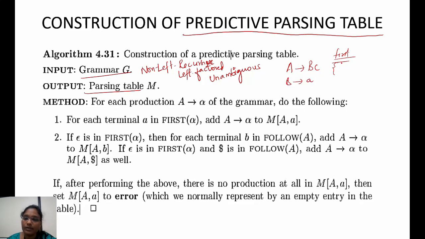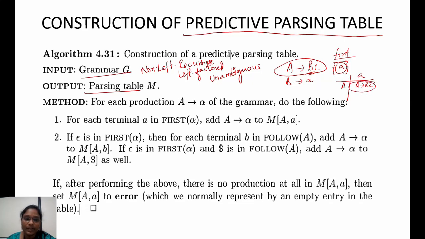For example, we have a production like this, and first of alpha gives us the terminal a. So in the table entry, on terminal a, this particular production has to be written. Thus, for all the terminals present in the first function, we add the corresponding production in the table.